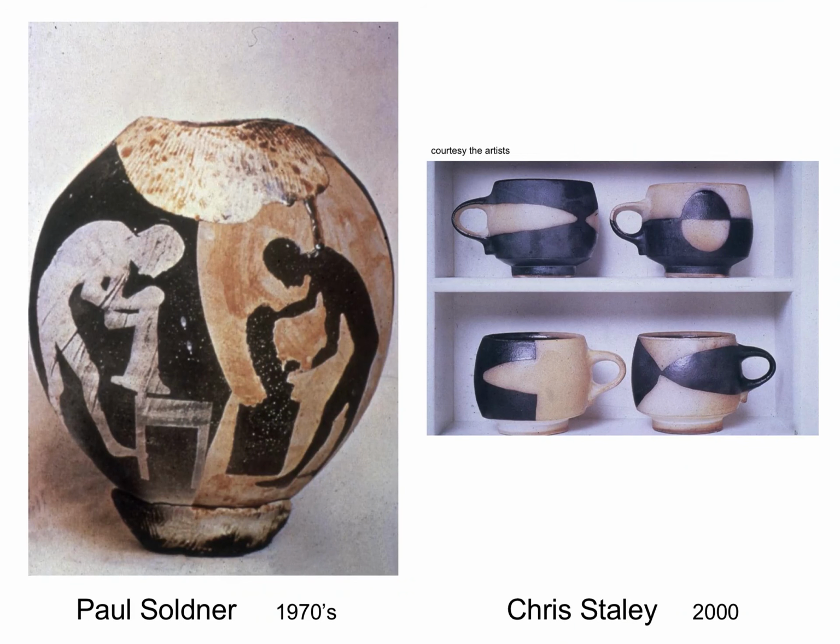And this has been tremendously influential, and we see examples of that today, like in this vase by Paul Soldner from the 1970s, where you have on the same object light on dark and dark on light, as you do as well in a much more abstract manner in those four cups by Chris Staley. So it may be interesting to understand the workings of those differences to create work today of great sensibility and great efficiency.